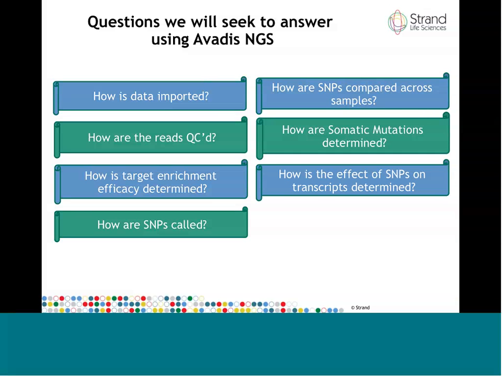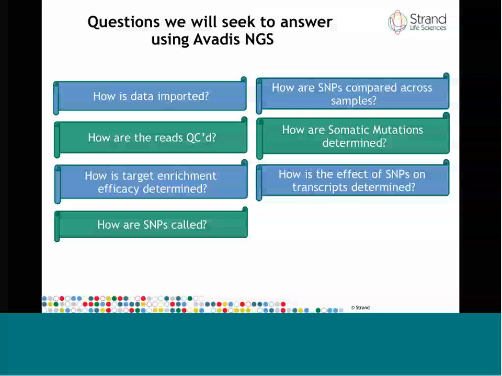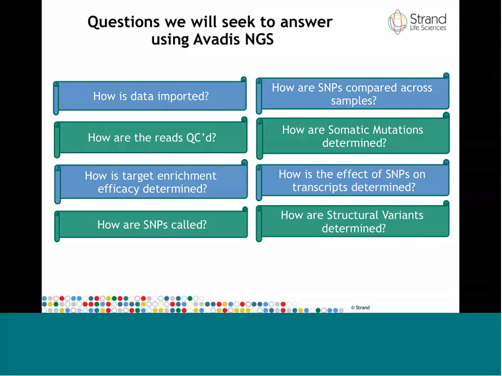And once you have a list of interesting SNPs, how do you determine the effect of these SNPs on the underlying transcripts? And finally, how are structural variants, long insertions, deletions, translocations, inversions, etc. in the genome determined? So let's walk through each of these questions one by one.